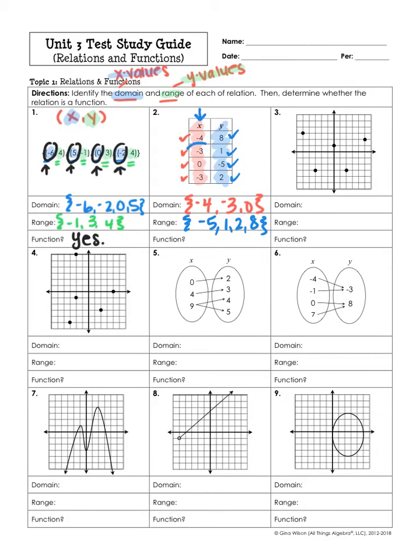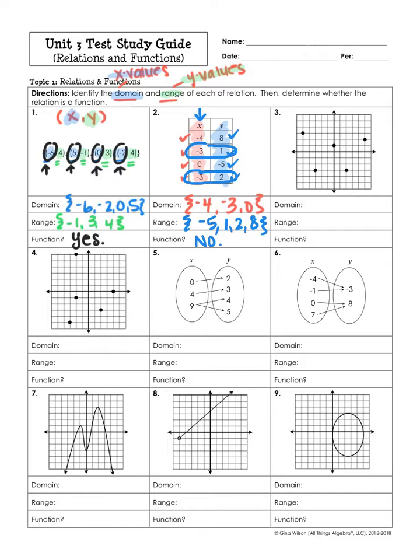If any of them repeat and they go to different y values, it is not a function. So notice we have -3 going to 1, but we also have -3 going to 2. Because -3 goes to different y values, this one is not a function.